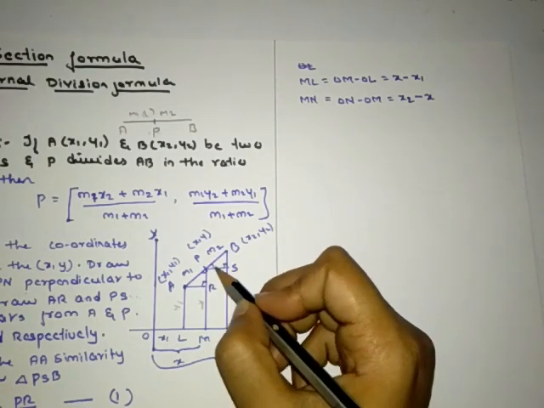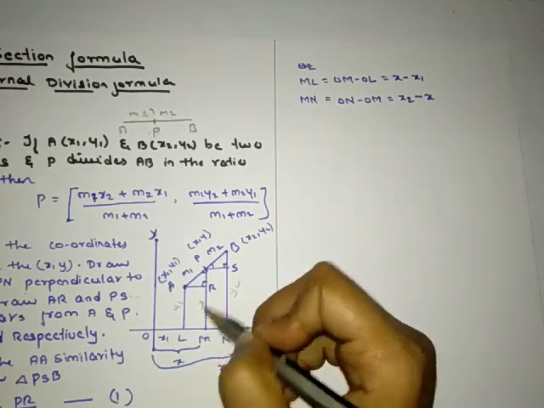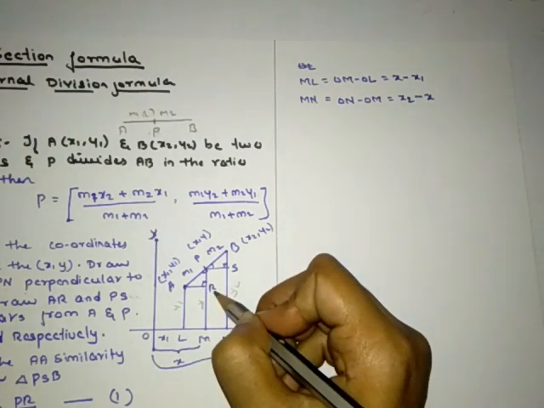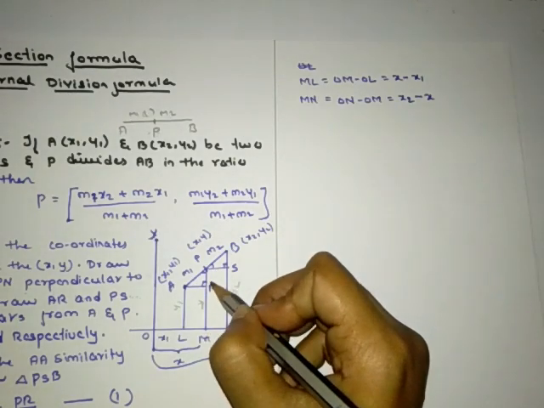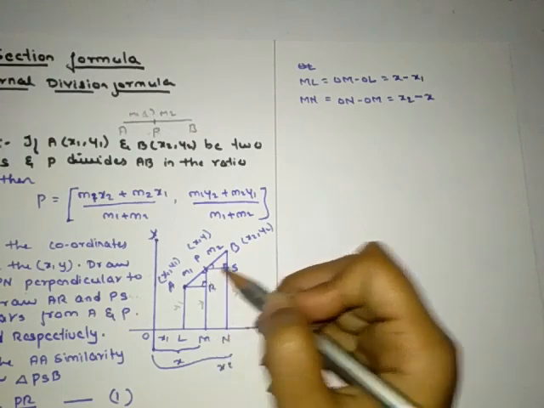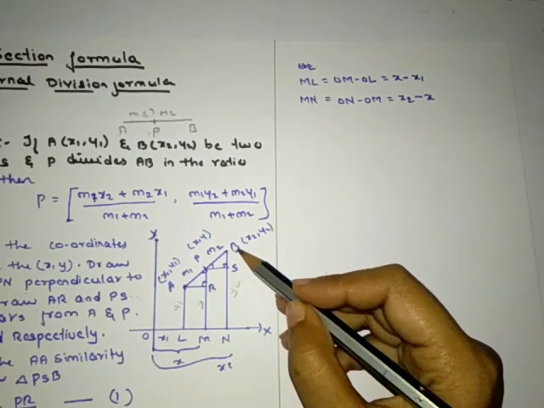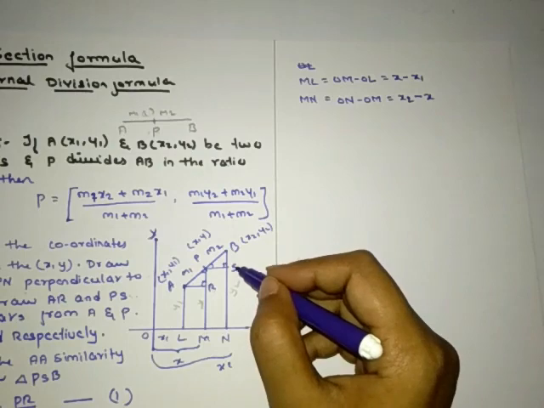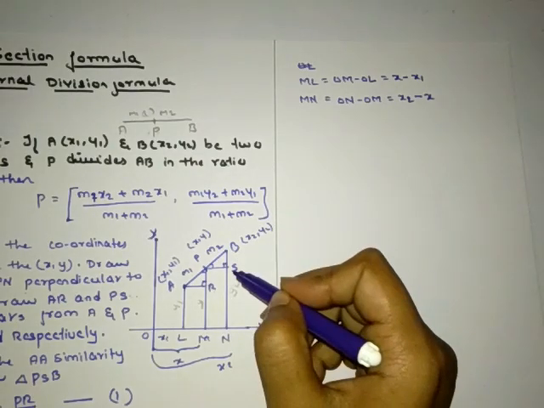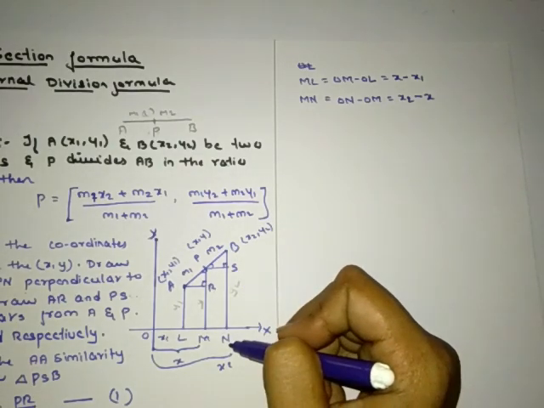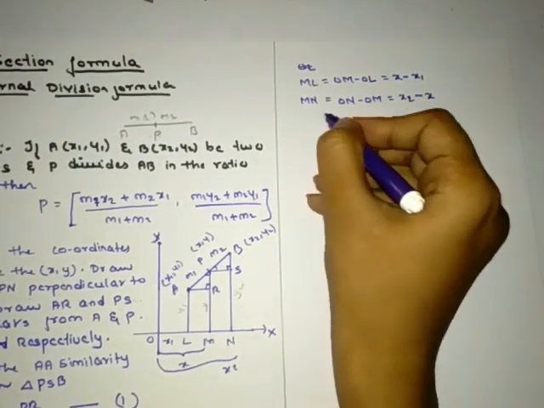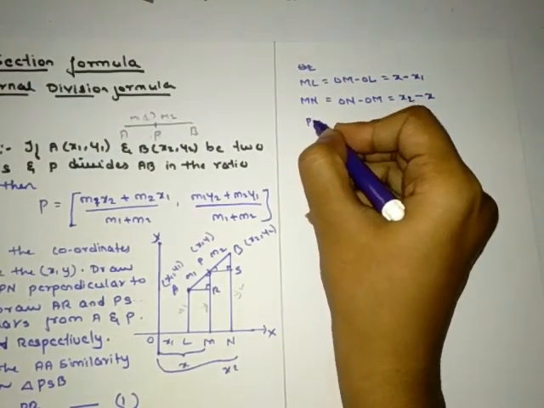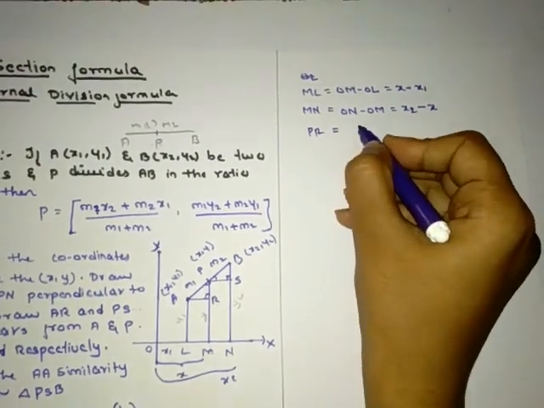For that, in PM we'll subtract RM, so that we'll get the PR value. Similarly here also, we want BS. In the BN value, we'll subtract the SN value.